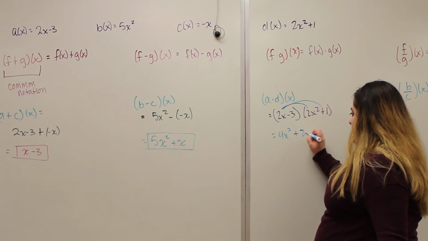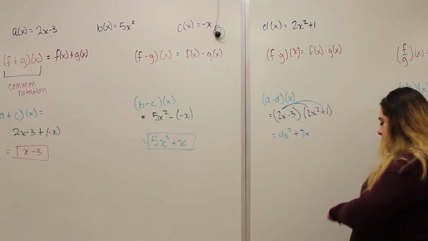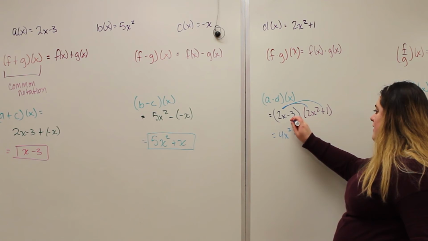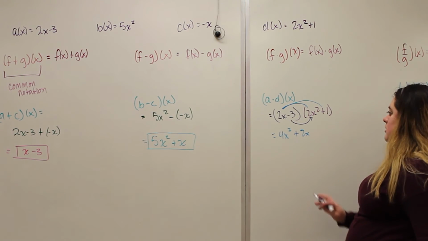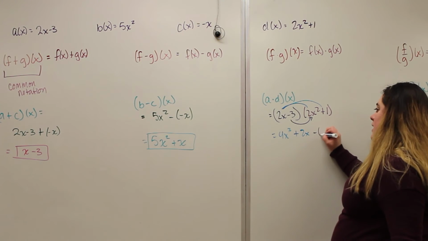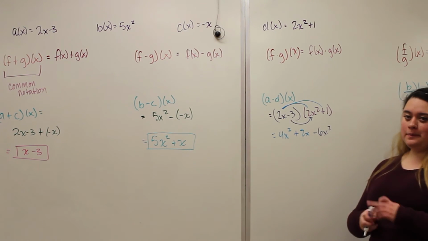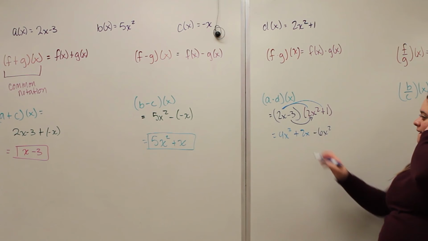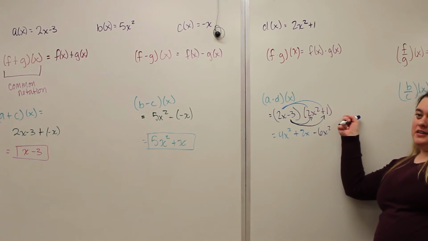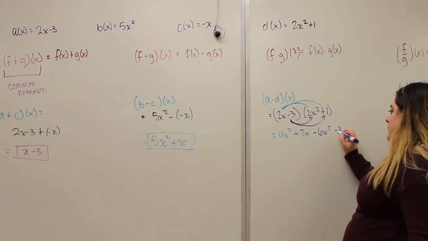That gives us 2x. Now let's take our negative 3 and multiply it by our 2x squared. When I multiply those, I end up with negative 6x squared. Lastly, I'm going to take the negative 3 and multiply it by the 1, and we get negative 3.